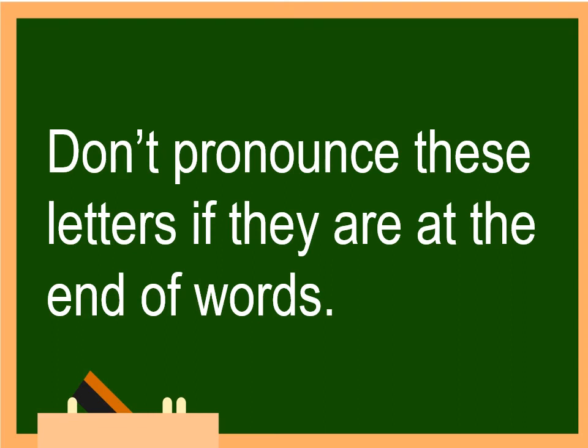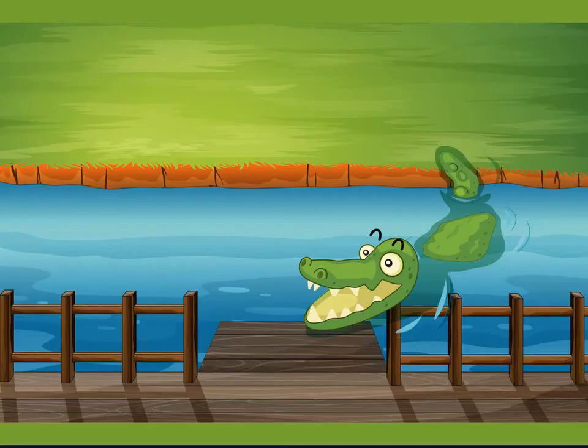When you're pronouncing words in French, there are letters that you do not pronounce if they are at the end of words. For example, S. S, by and large, with a few exceptions, is a mark of the plural. It's an optional marking, so you don't pronounce it.